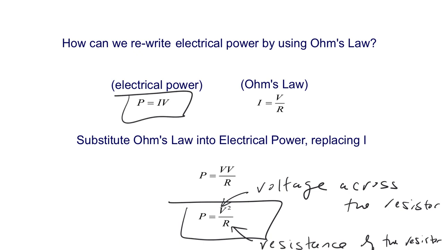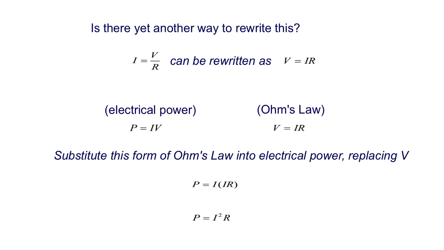So how do I get that? Well, if I don't have I, I know I equals V over R. I substitute V over R for the I. And so now I get V squared over R. And you can do the same thing. P equals IV.